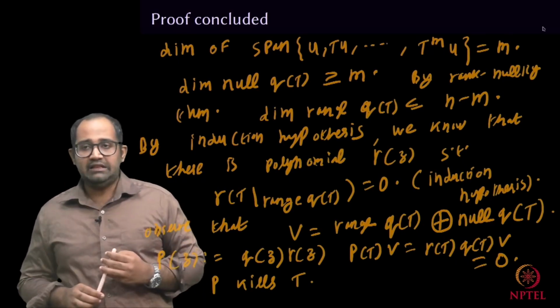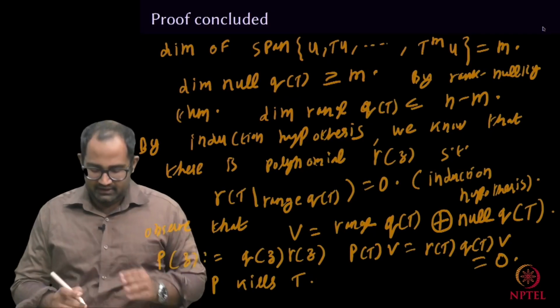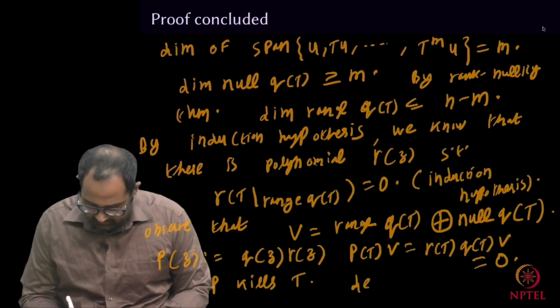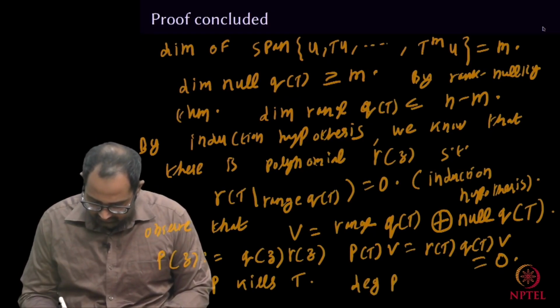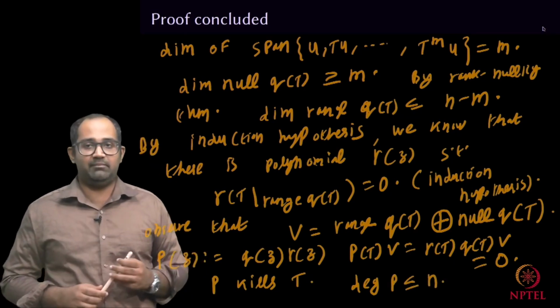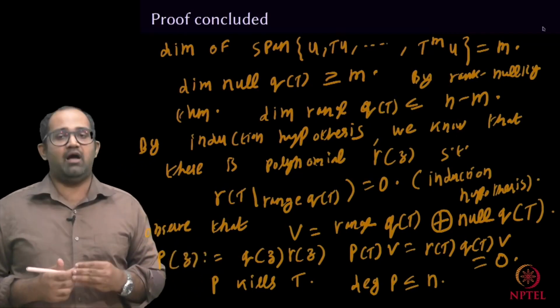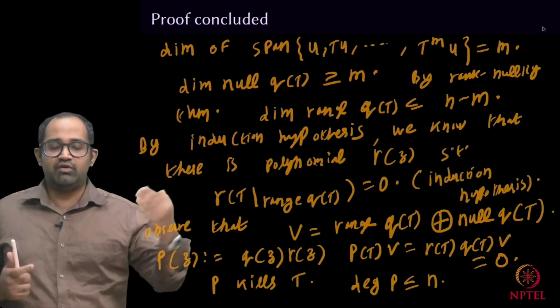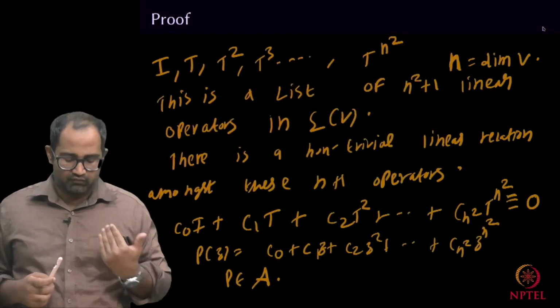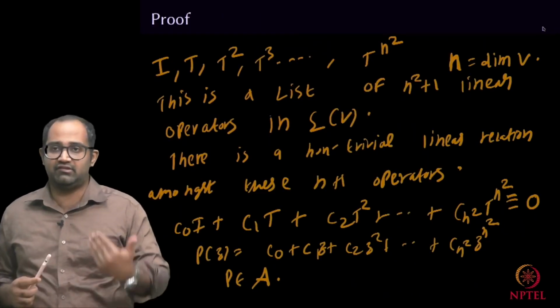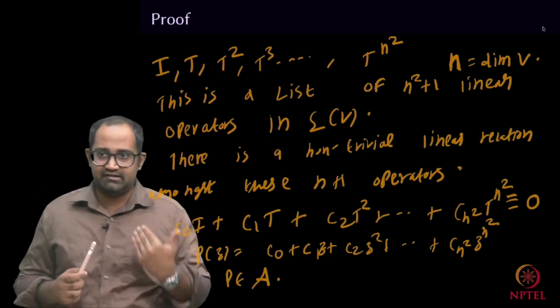Now, all that remains to be shown is that the degree of P is less than or equal to n. That was one of the claims that I made, why I need to go through the second argument. If you just wanted a polynomial that kills t, the original argument that I gave two pages ago that just deals with the linear dependence on the space L of V is sufficient.